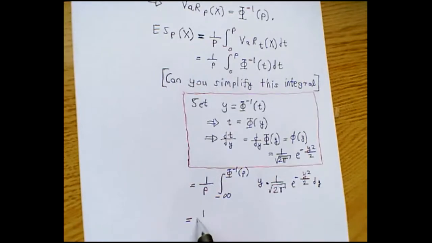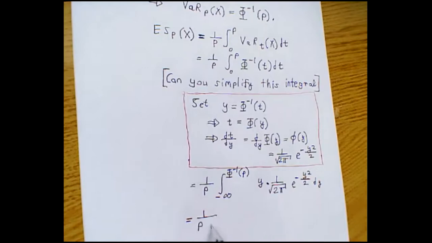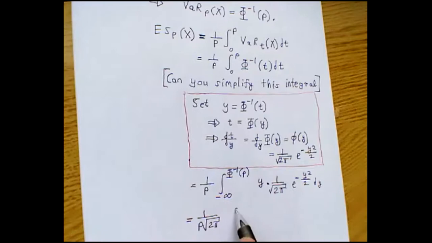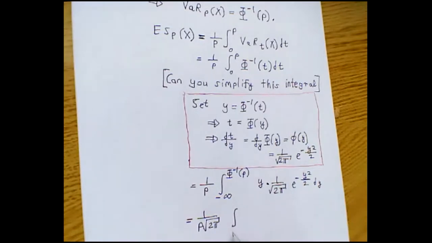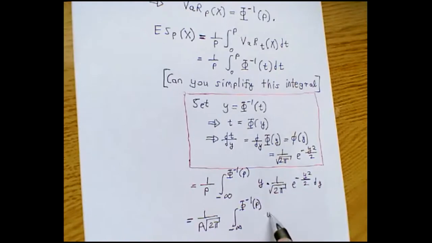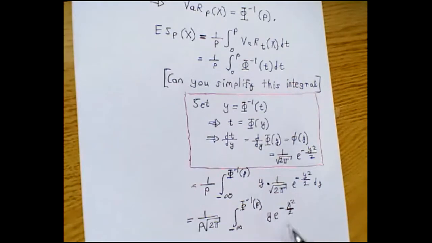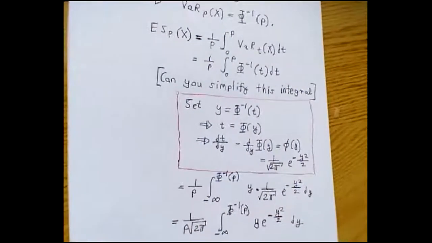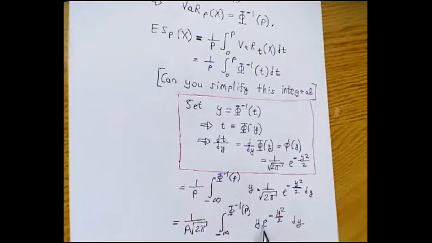So we get 1 over p times the square root of 2 pi. Now this integral is easy.